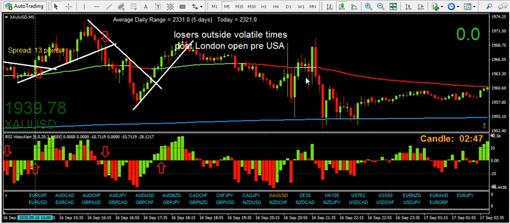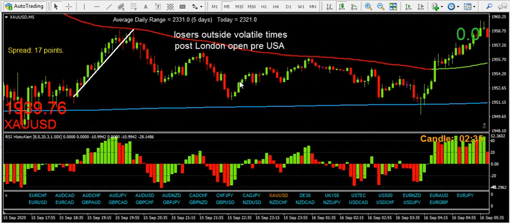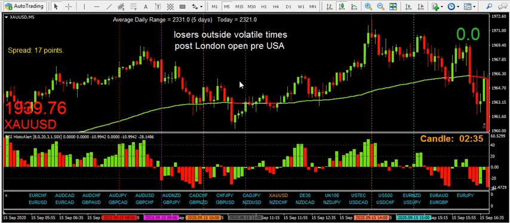But going back, so that I'm not cherry picking stuff, let's get back into the Frankfurt and London Open period. Here's another 20 break here. That's a 1, 2, 3 lower high, and 3 candle reversal, and as you can see, there's the 3 candle reversal, there's a little pullback, there's the 20 break and close.